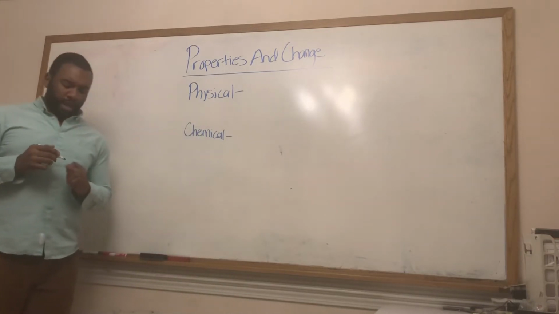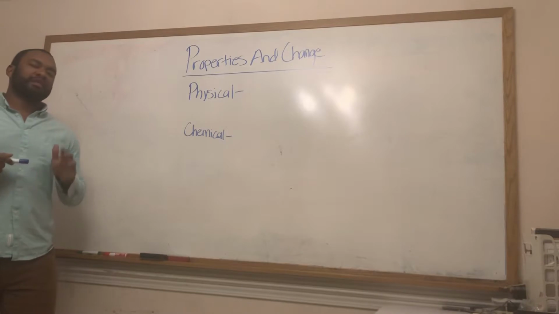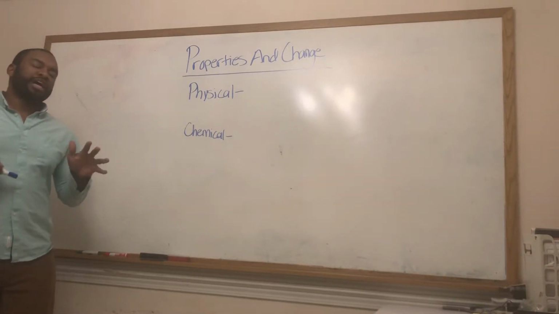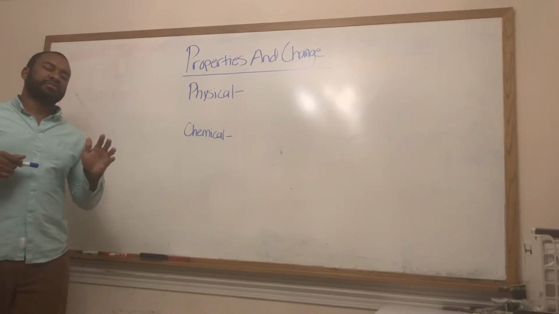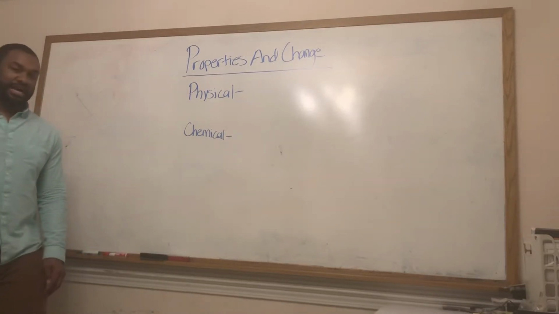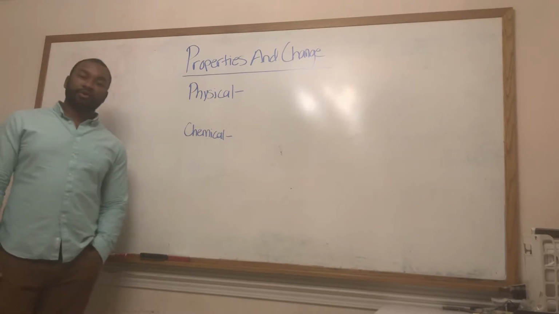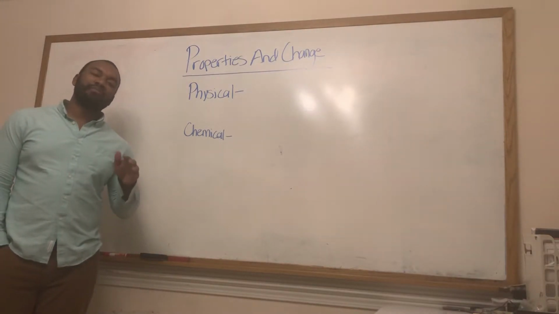And a physical property is a property that can be observed without sacrificing the compositional integrity of the object or the piece of matter that we're observing. And we can also change that matter or substance without affecting it compositionally.